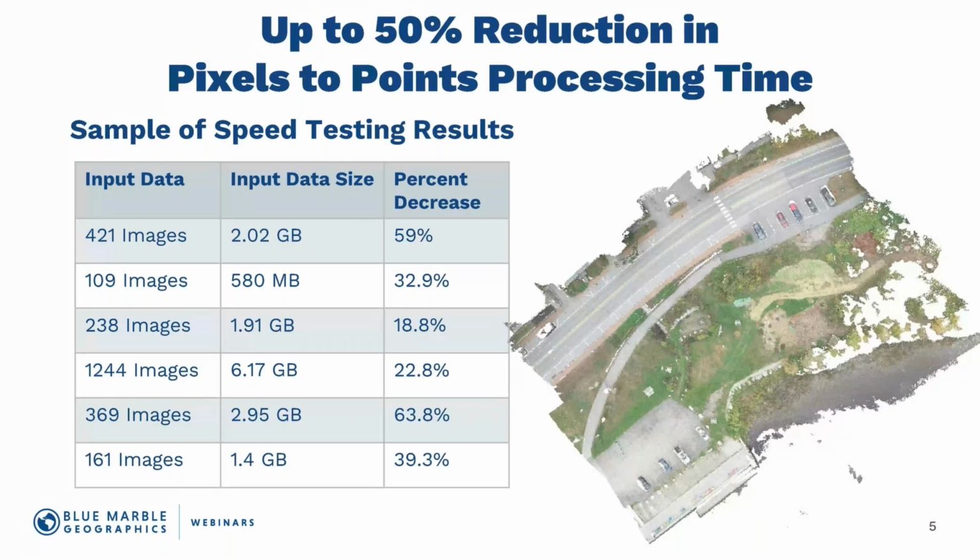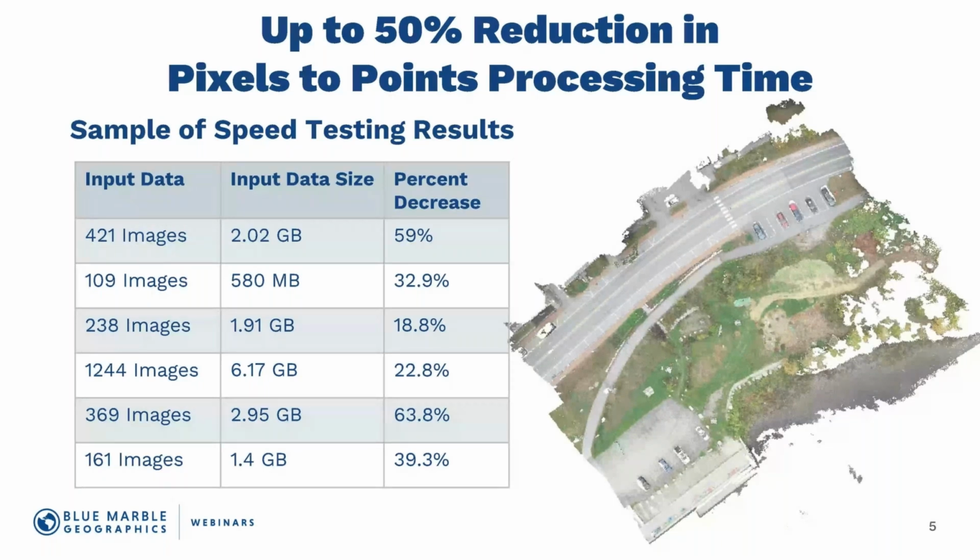We did get a question asking about using some bigger data, some larger image sets. And as you can see from just this small collection of data points, that's part of a much larger set we conducted internally, pixels to points can handle many different counts of images and sizes of input data.